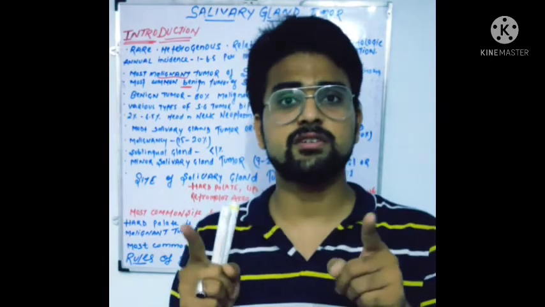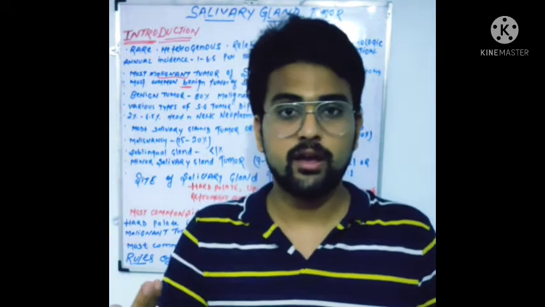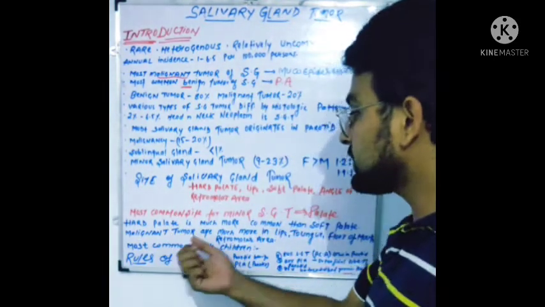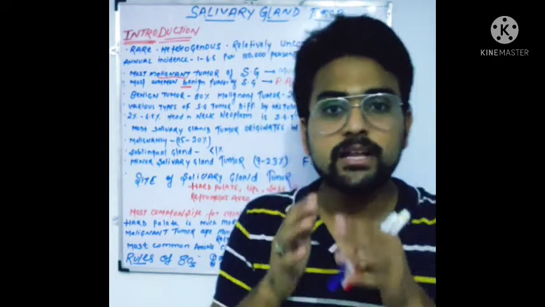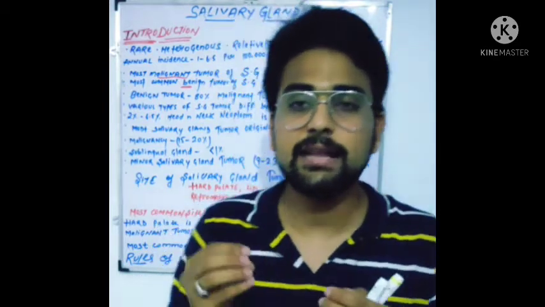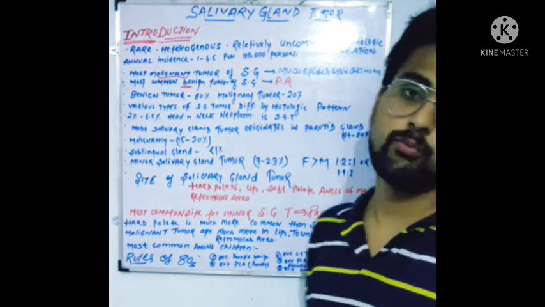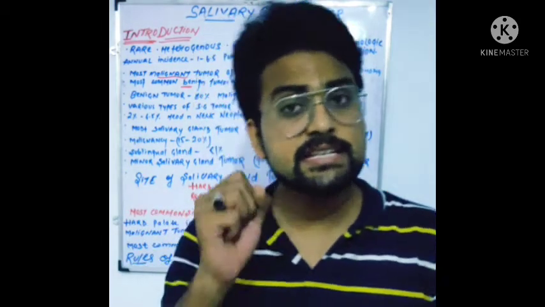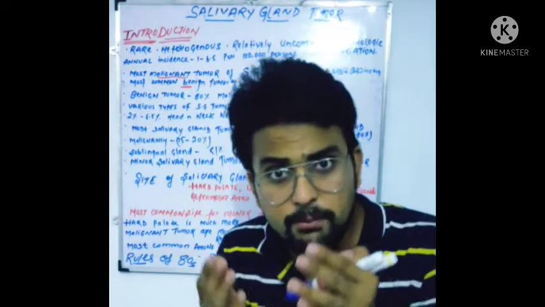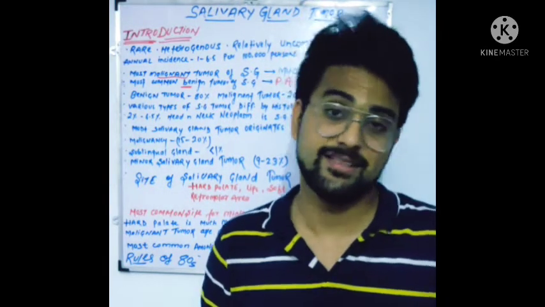Every time when you study, ask yourself why. Here, I am telling you, the much greater amount of malignant tumors are in the lips, tongue, floor of mouth, and the retromolar area. Yes, it is just because there is a much greater blood vascular supply in this area.